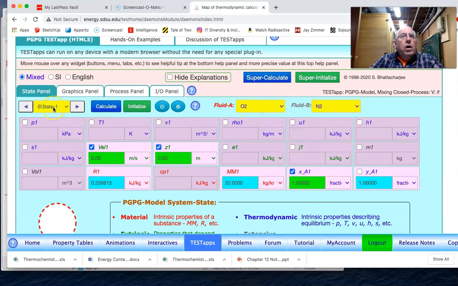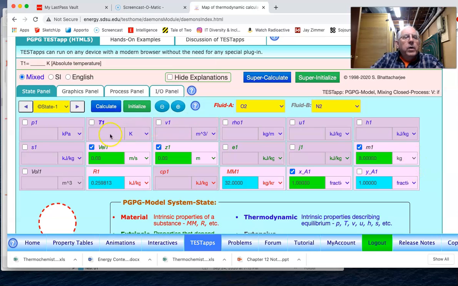State 1 is the state of the fluid in the left-hand side of this volume. What we know is that the left-hand side has a certain amount of mass, which is 8 kilograms. We also know its initial pressure is 100 kPa and its initial temperature is 42 degrees Celsius.